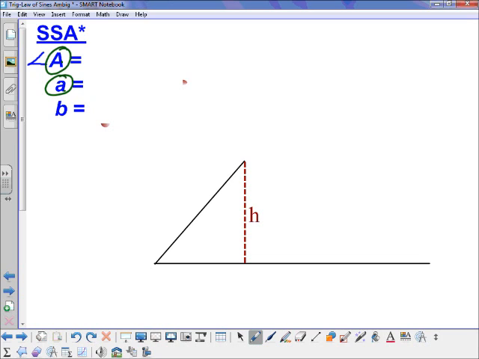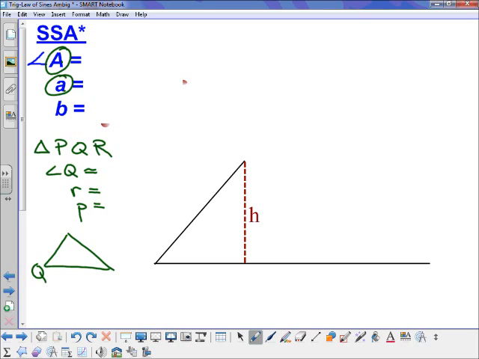If you think about it, if they gave us triangle PQR and they gave us angle Q equals whatever, and side R equals whatever, and side P equals whatever, none of the letters match. So this is going to be a side-angle-side case, because if I draw my picture, put my Q here, I could put R here and P here.